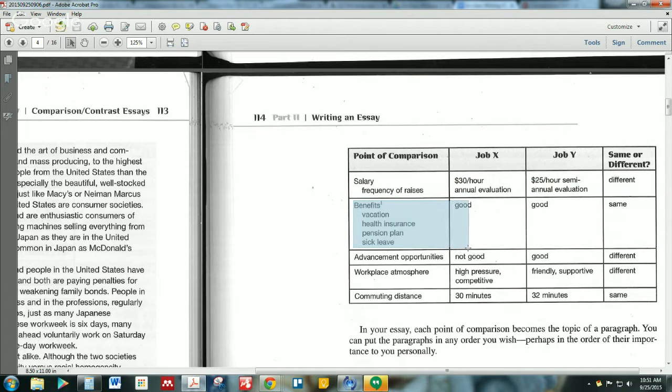You would look at job X and say, oh, it's good. At job Y, also good. And then your analysis would be that they're the same. And so on for advancement opportunities in workplace. So each section would focus on one of these topics, comparing and contrasting in the same section.